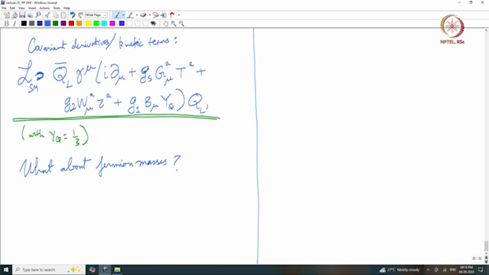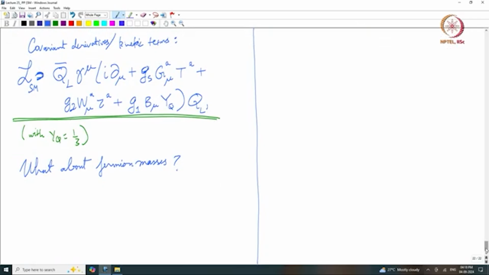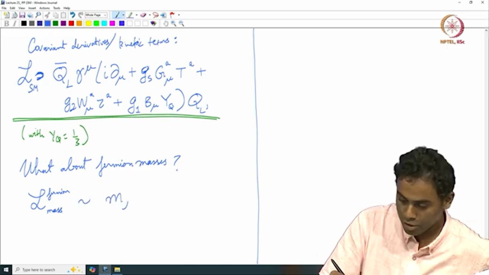The reason we didn't write a fermion mass is that it is literally 0 at this point. Why is that? Because if I were to write this in 2 spinor notation, how would this be? It should look like the mass of the fermion.